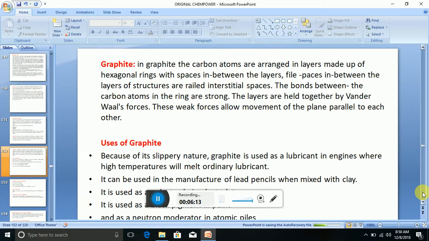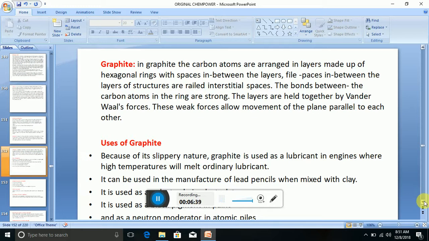The bonds between the carbon atoms in the ring are strong. The layers are held together by van der Waals forces. These weak forces allow movement of the plane parallel layers relative to each other.